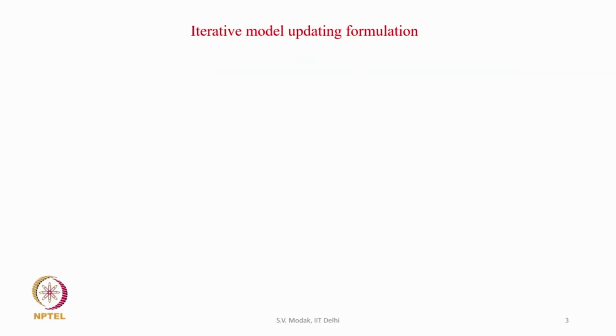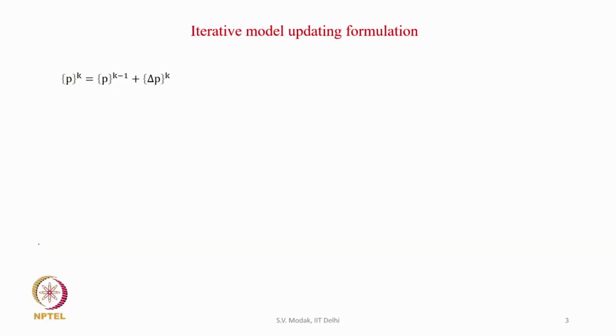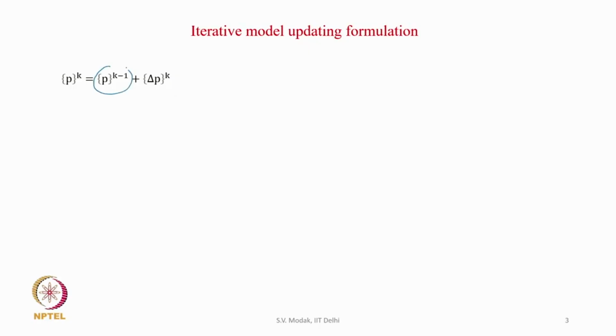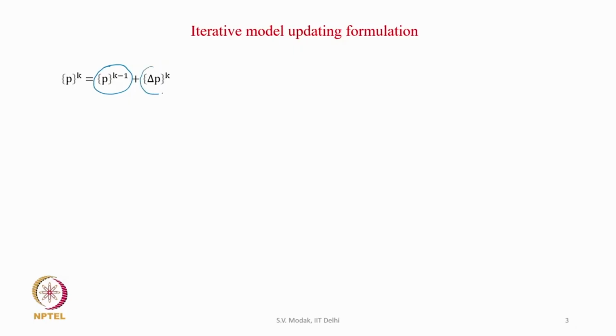Let us look at the formulation of the iterative model updating method based on modal data. Let us say at the beginning of the kth iteration, the parameter vector is denoted by p_{k-1}, which represents the parameter vector at the start of the kth iteration. In the kth iteration, we estimate the change in the parameters, represented by delta p_k.